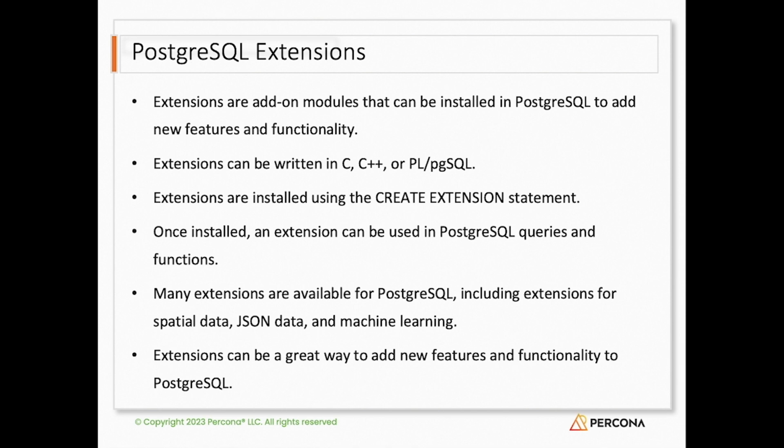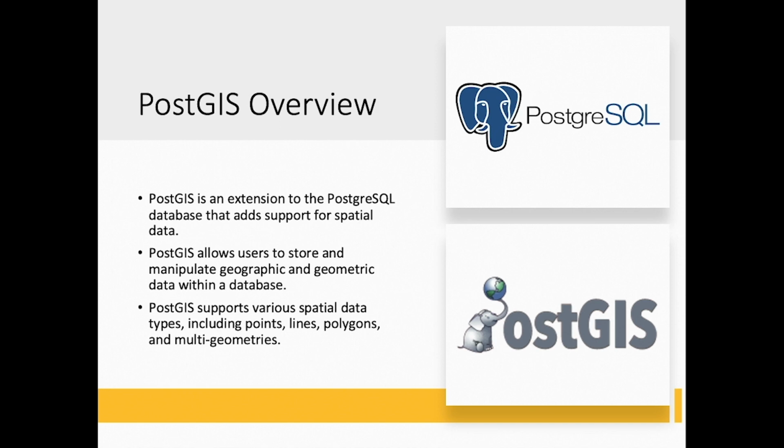Extensions can be a great way to add new features and functionality to PostgreSQL, and we will use that same concept for GIS data. I described PostgreSQL as a relational database, and we need some special handling for geospatial data. And that is PostGIS.